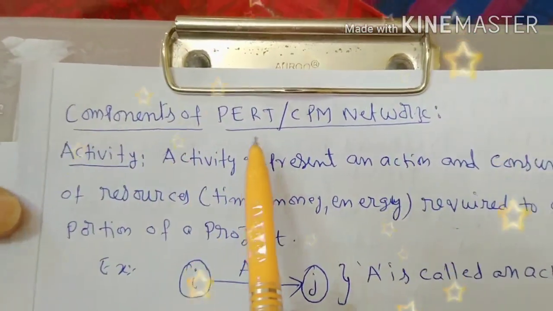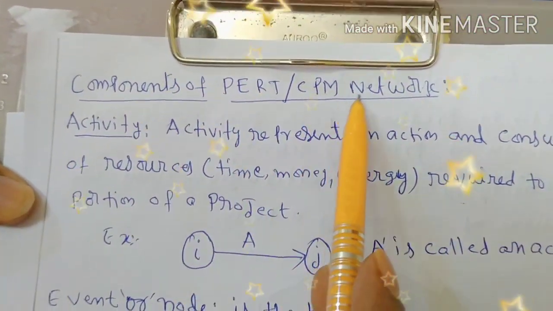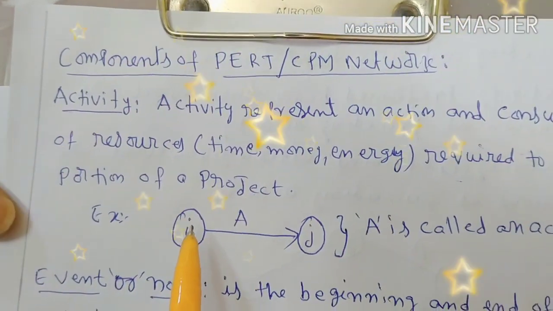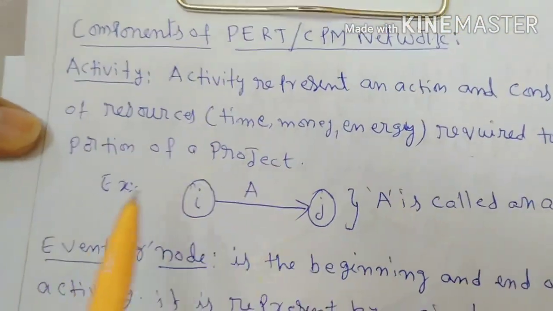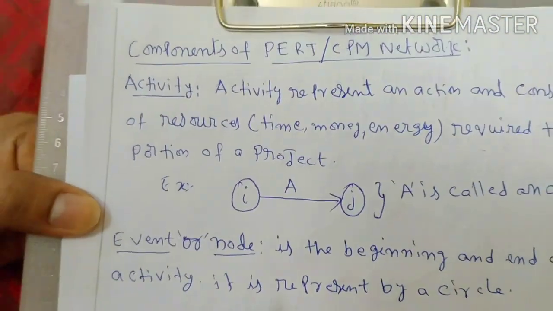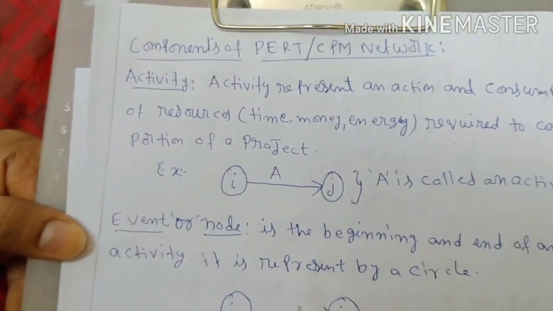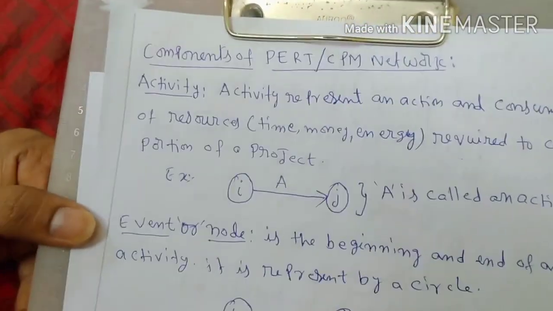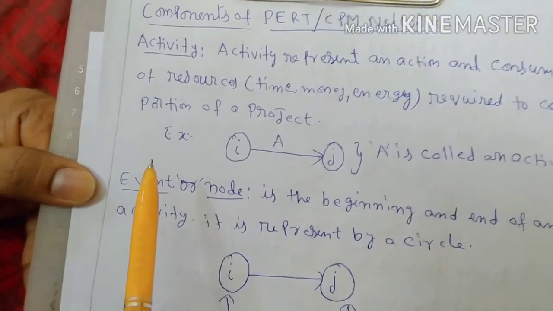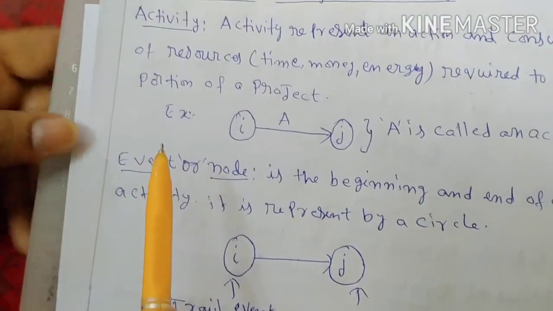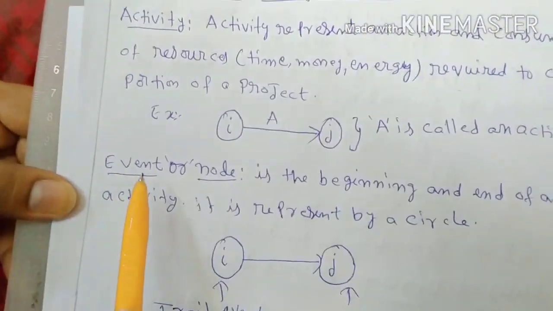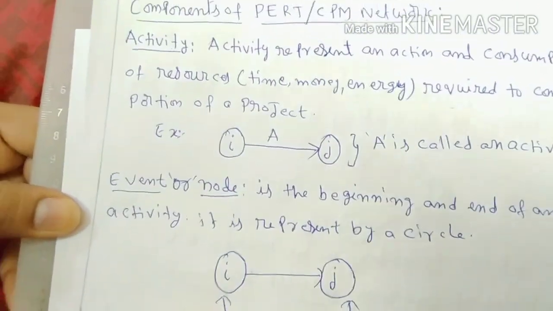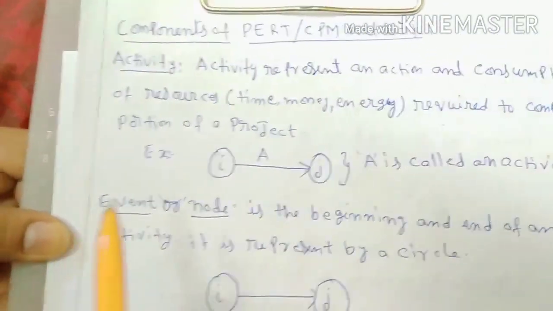Components of PERT or CPM network analysis. Generally, if we want to draw the network diagram, we should have some basic concepts about the activity, event, merge or burst event, dummy activity.